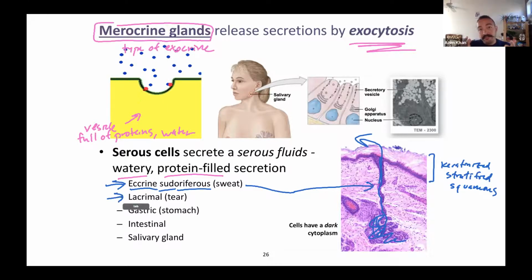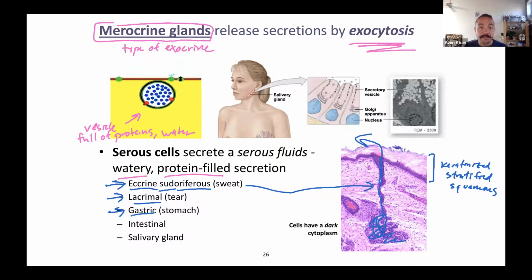When you cry, whether because you're sad or just when you release tears because you want to lubricate your eye and also clear out any junk that's gotten into your eye, that's produced by your lacrimal glands. So lacrimal glands are for tear production. The glands that are in the lining of your stomach to release acid, to release enzymes for digestion, to help you break down food, those are called gastric glands.